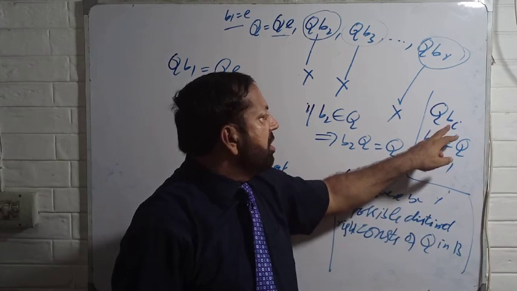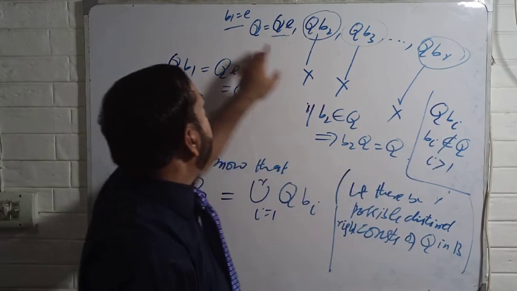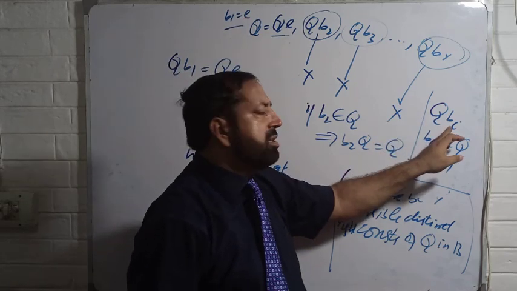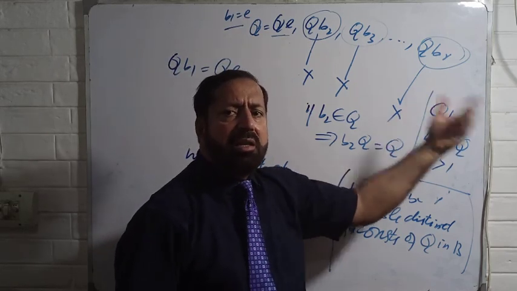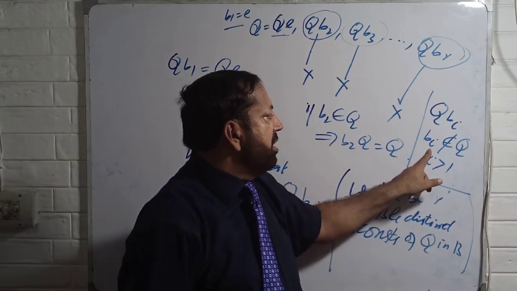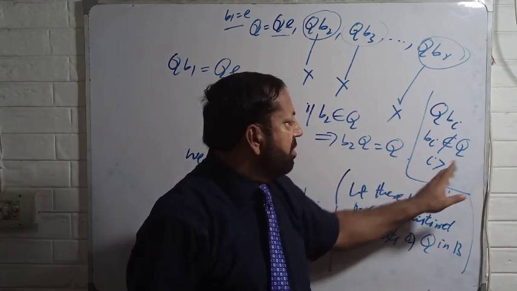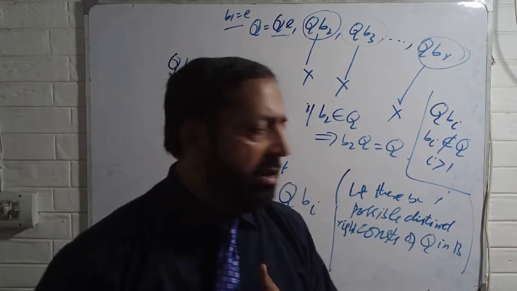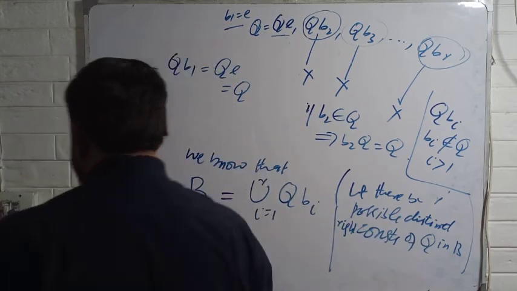If you take B1, B1 is equal to E, the identity element, which is in Q. So other than E, all Bi are not elements of Q whenever i is greater than 1. So this is very simple to understand.